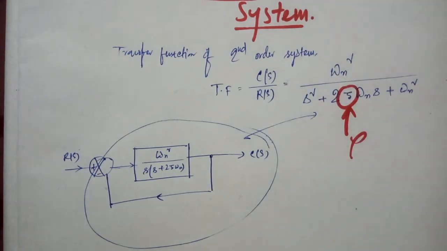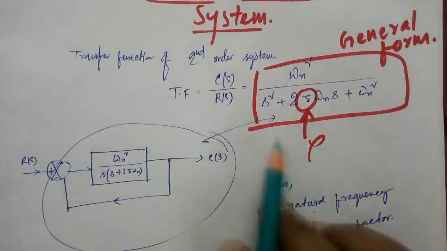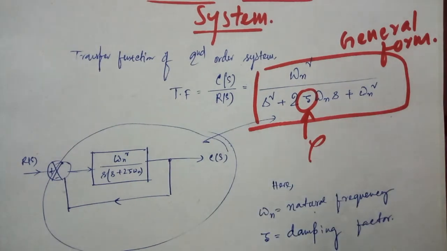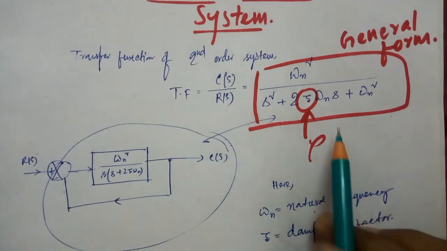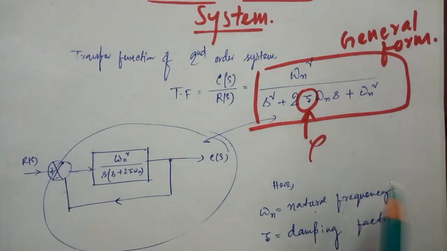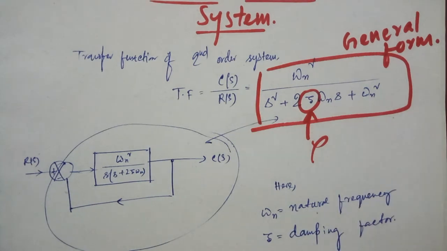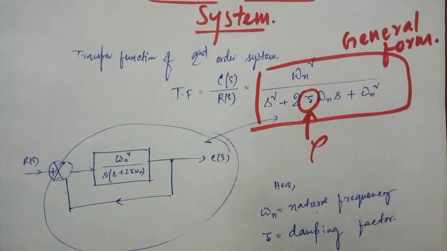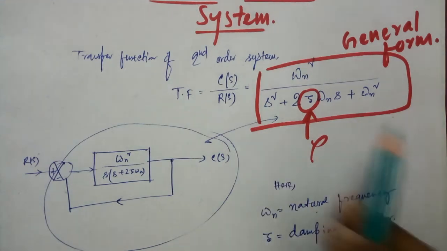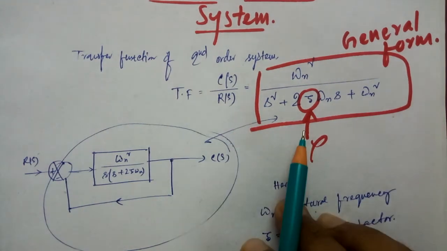Here we all know the s term comes from the Laplace transformation, and the two terms are omega n and zeta. Omega n is termed as natural frequency and zeta is termed as damping factor of a second order system. So now I think you can understand the general form of second order system.